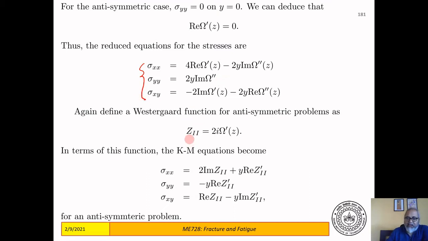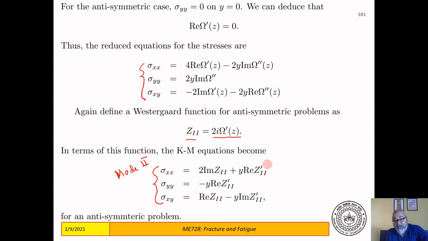Then we define another Westergaard function Z2, which is 2I omega prime z, and then we simply replace it here, and the stresses in this mode 2 case or the antisymmetric case are given by this set of equations.